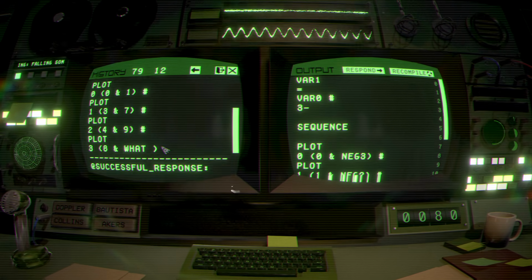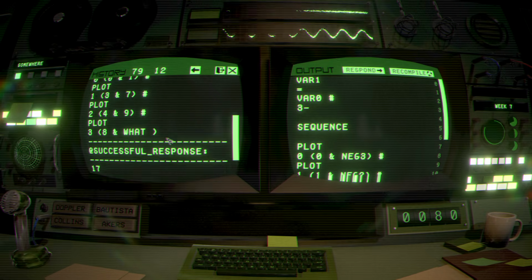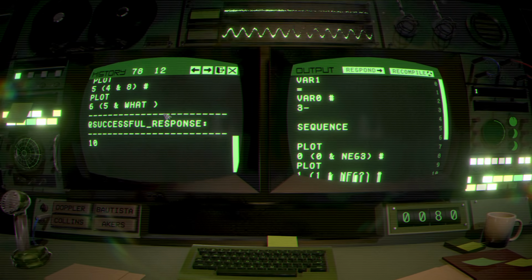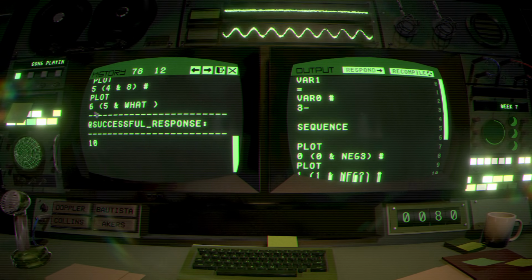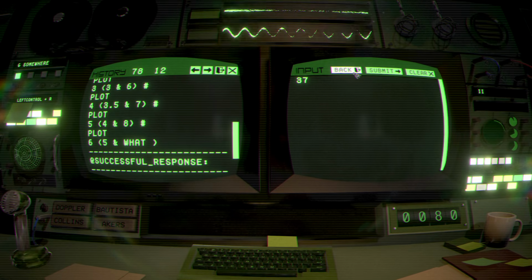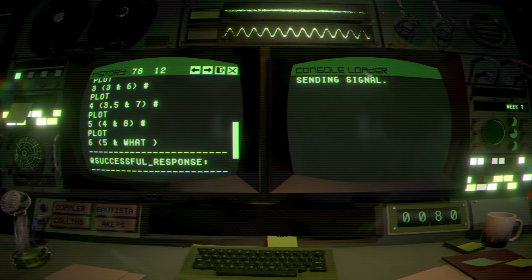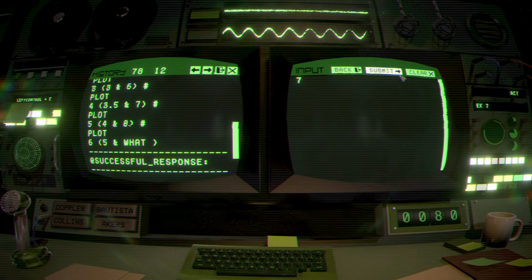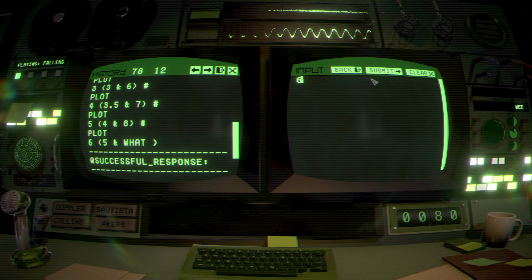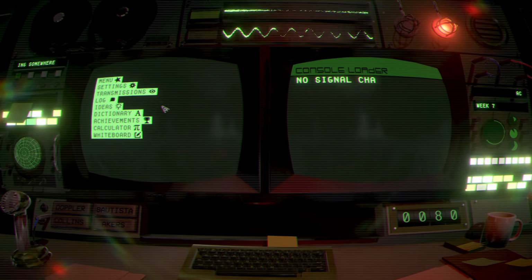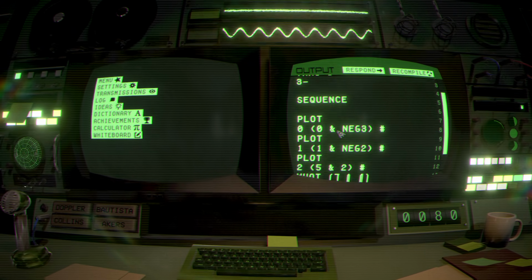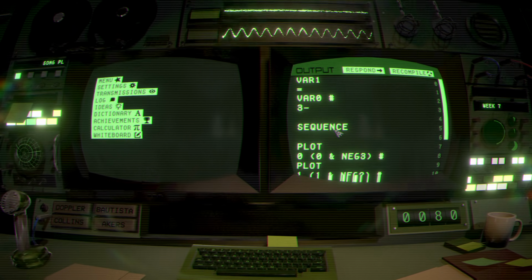So what could it be? Missing here. I'm missing something.